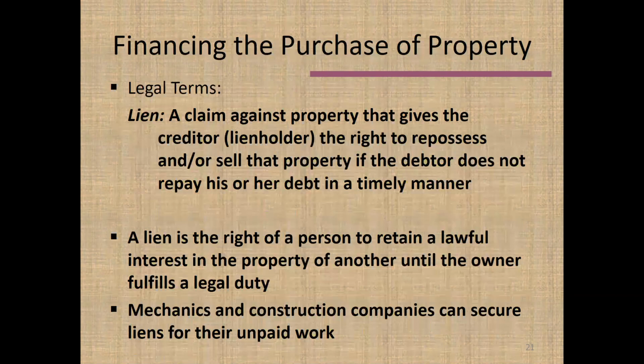So what I might do when you don't pay me is put a mechanic's lien on your house. That doesn't help me in the short term because you probably have a homeowner's exemption on your land, and so I can't force you to sell your land. But when you do sell it, the first money you get from the buyer is going to satisfy any of these liens that have been perfected against your land. And so I'm first in line. You might not sell it for 20 years, but when you do, I'm going to get my money.